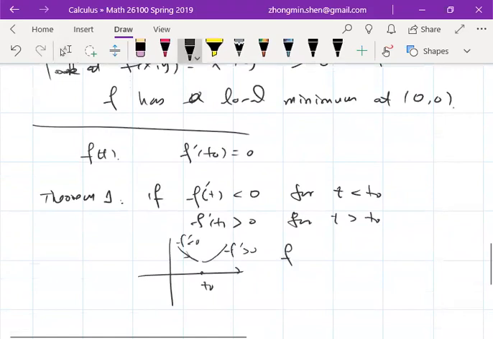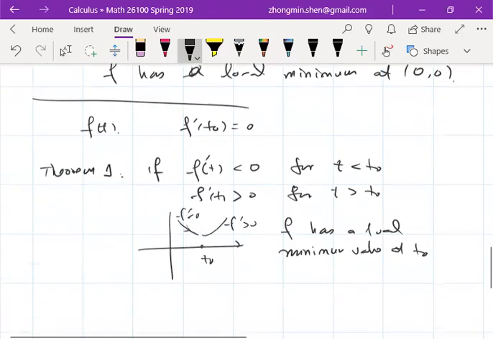That means f has a local minimum value at this point. So this is the one-dimensional case.